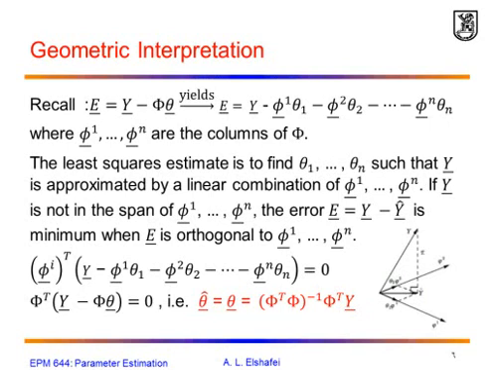So if that angle is 90, it means that we will have a 0 here. So if I take that for the two vectors phi 1 and phi 2, I will get this equation. Now if I write the two equations for phi 1 and phi 2, I will end up with the matrix phi transpose times the error vector, which is y minus phi theta, equal to 0, and this equation will give me again the least square formula as we derived it before.